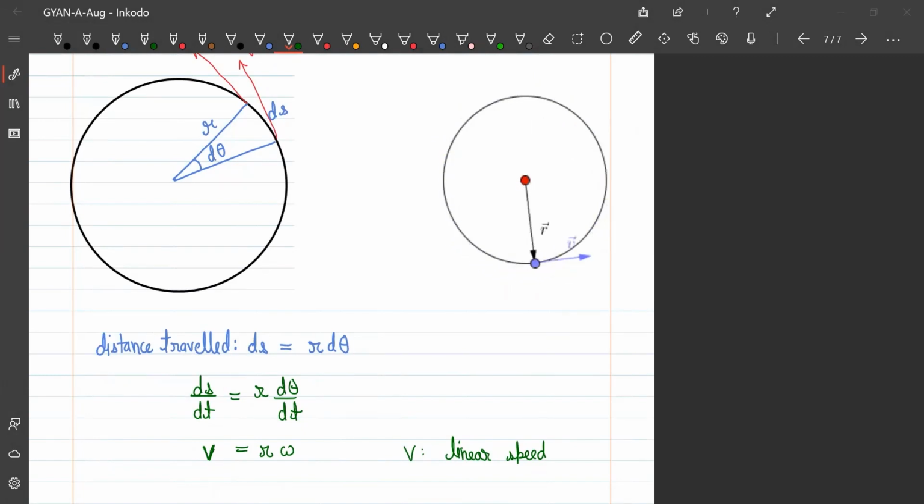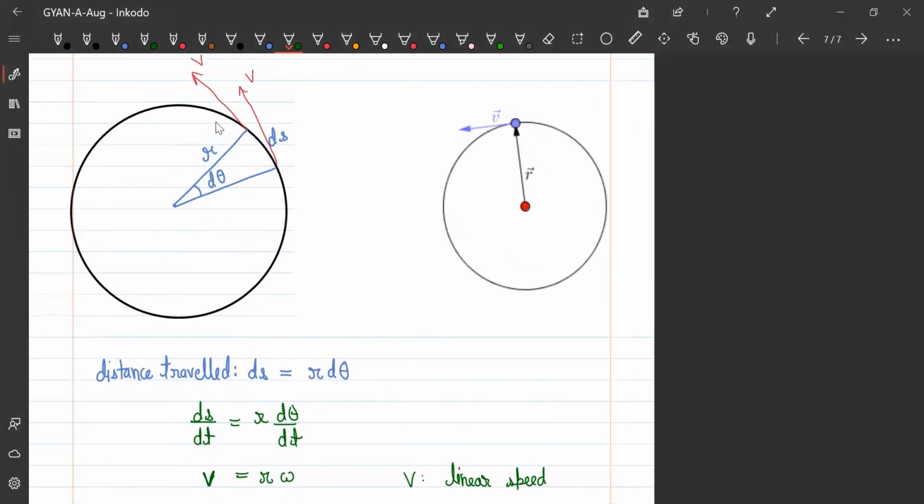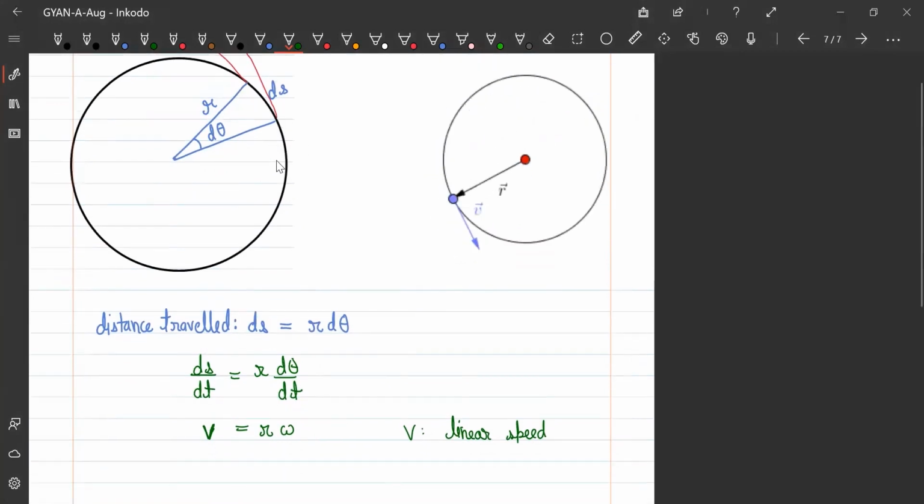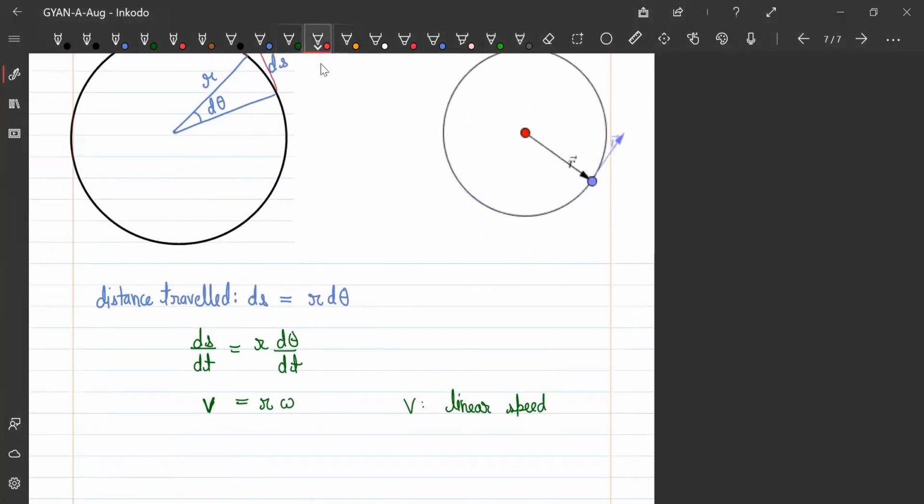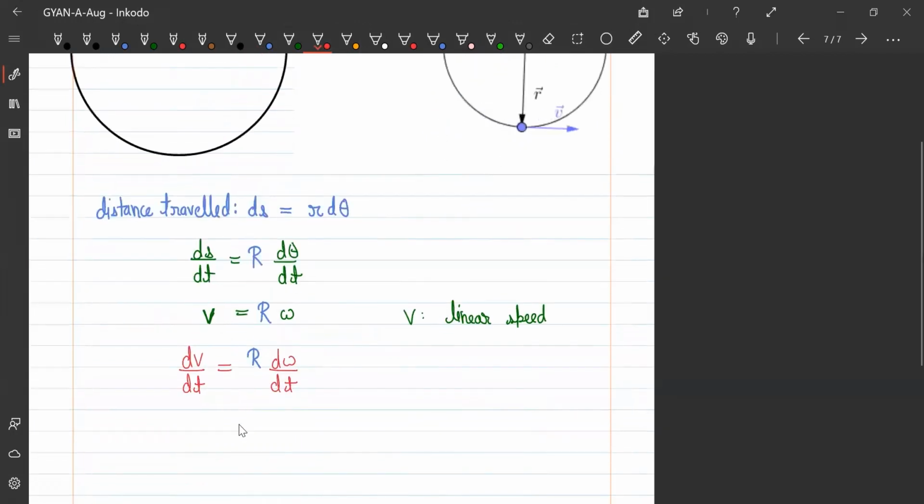Again, this velocity is along the tangent. If you differentiate this again, that is dv by dt, the radius is constant. I'll write it capital because it is a constant quantity. So this will become R d omega by dt. What is d omega by dt? That we know, that is alpha. What is dv by dt?